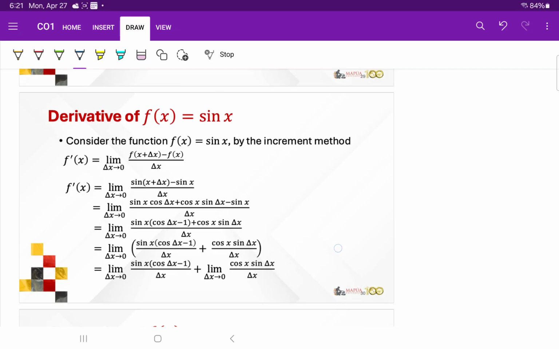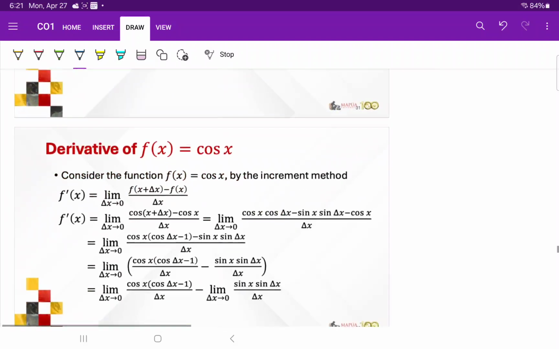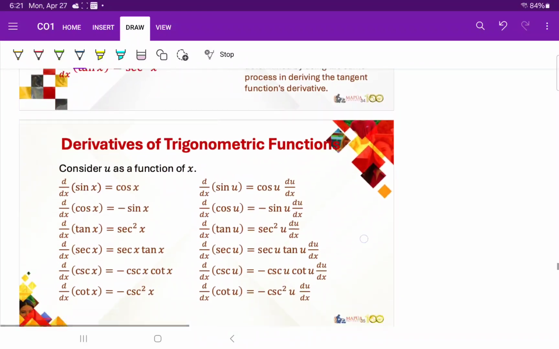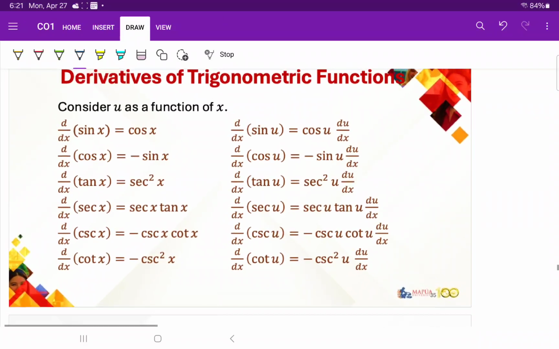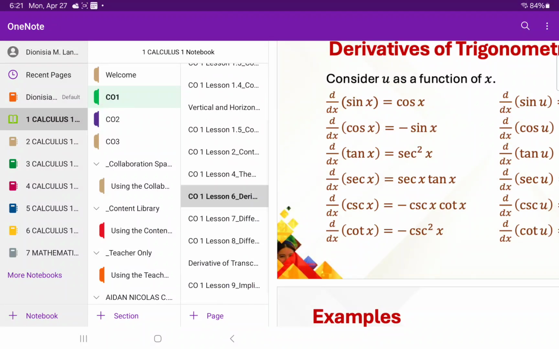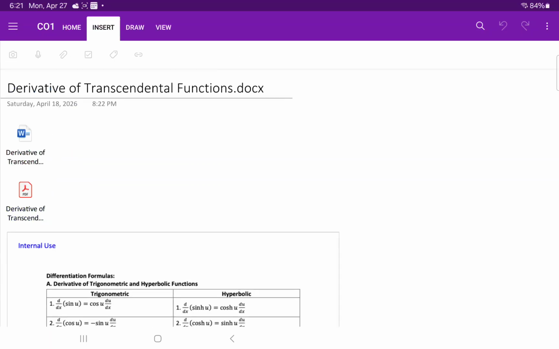So we may just skip this part, and we get the summary here. I showed this already; it's in your BB, and it's also here in OneNote. Look, I put it here.